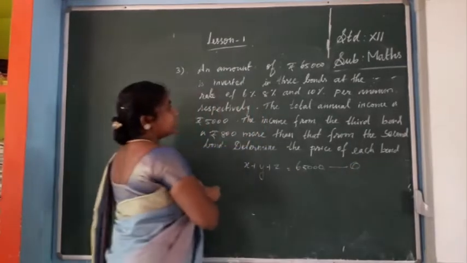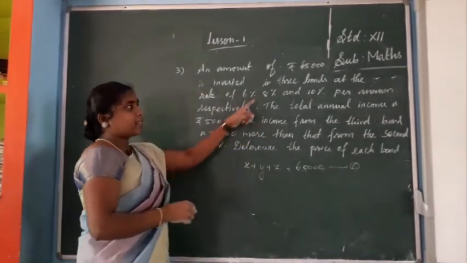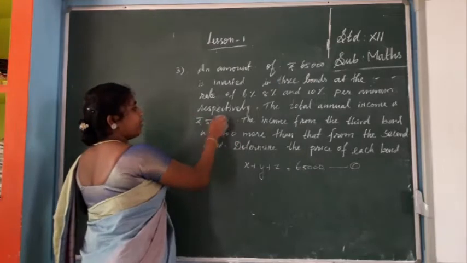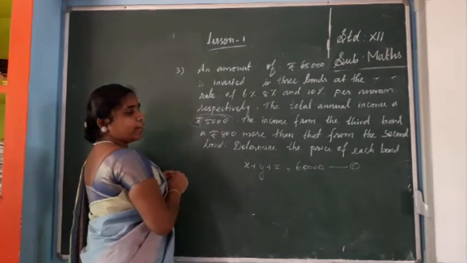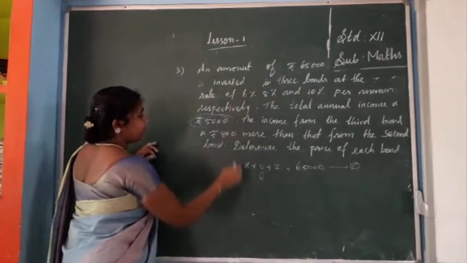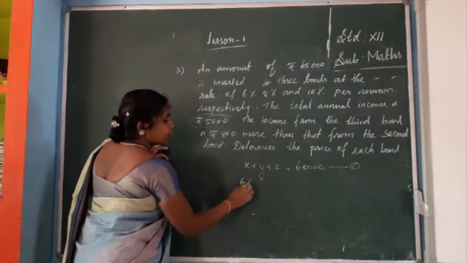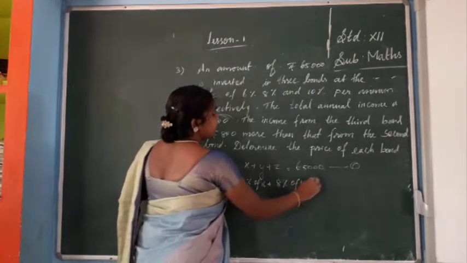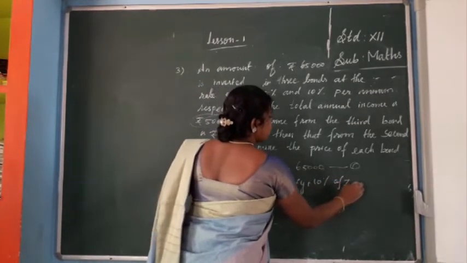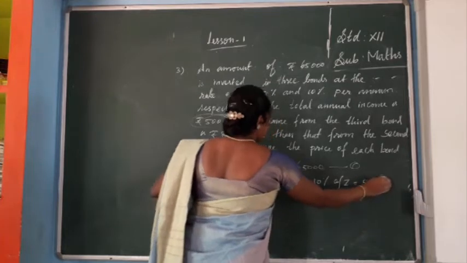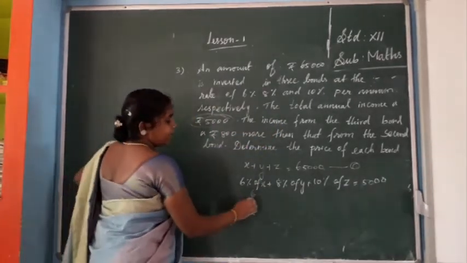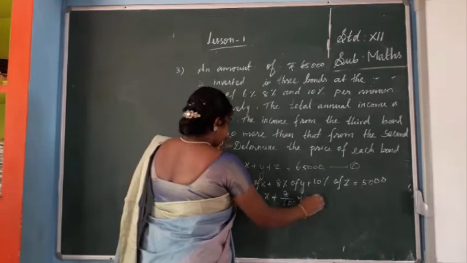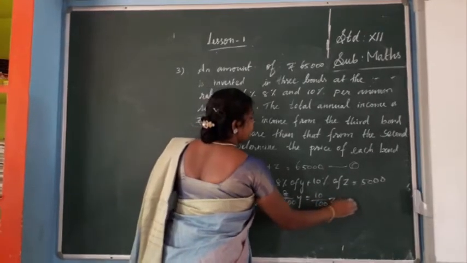Then the second equation is 6% of x plus 8% of y plus 10% of z equal to rupees 5,000, the total annual income. So you multiply by the percentage. 6% of x means 6 by 100 x, plus 8 by 100 y plus 10 by 100 z equal to 5,000.